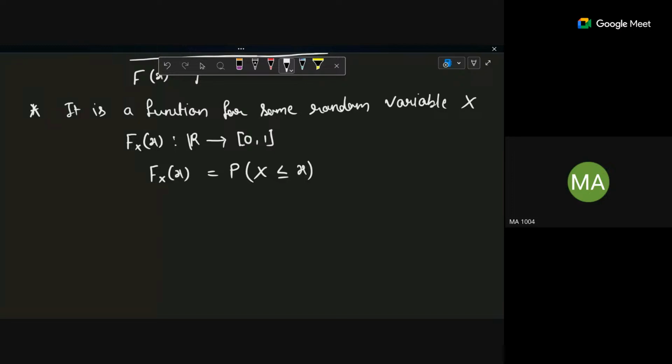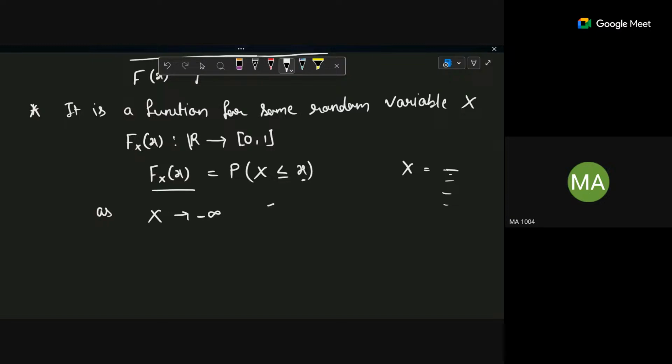As x approaches infinity, that means this small x, your random variable will take some values, right? It has some range. When your x approaches negative infinity, this CDF should go to 0.